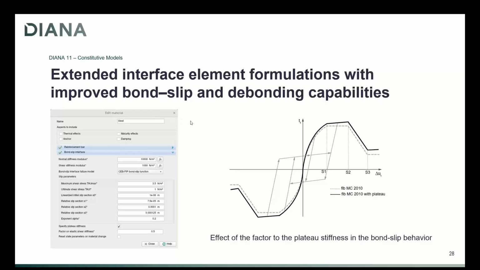Particularly in load control type situations, which is very common for earthquake dynamic analysis, it may end up with very large displacements when it is on the plateau. So in Diana 11, we have added a new parameter, which is a factor on the initial shear stiffness of the bond slip interface. Then one can give some slope to the plateau, and then it becomes much more stable. Next slide, please.